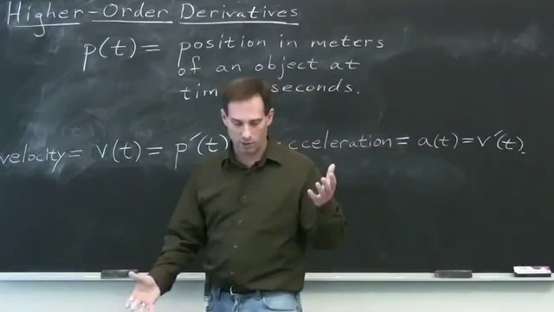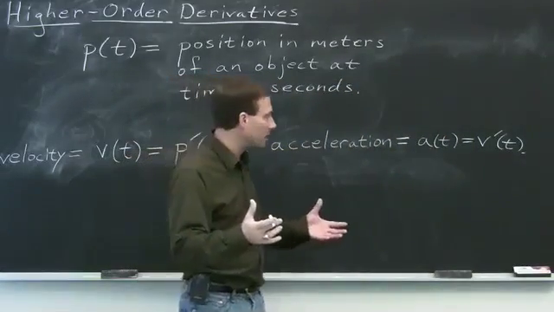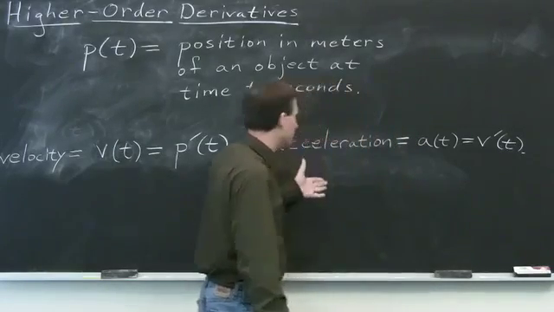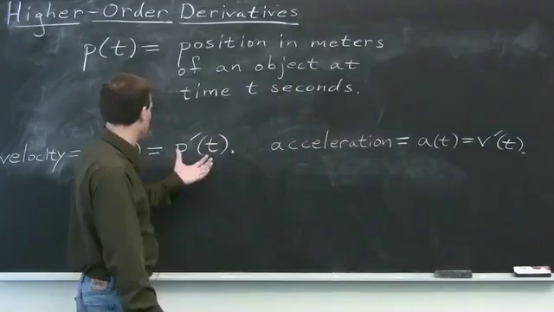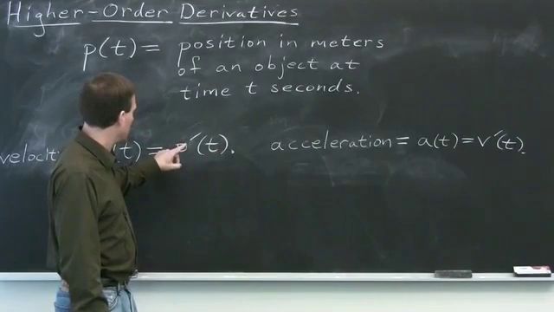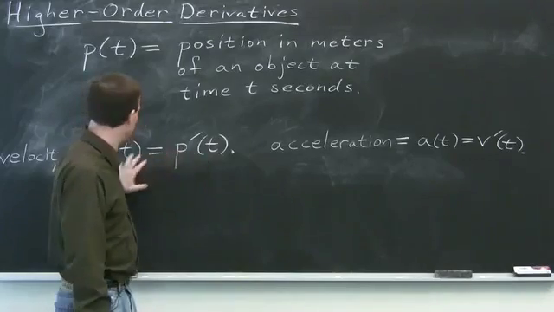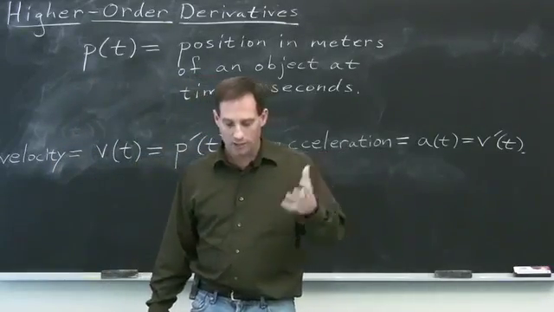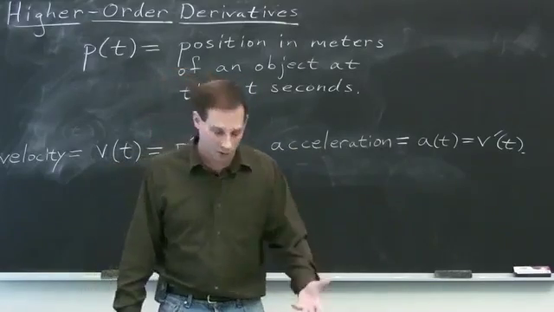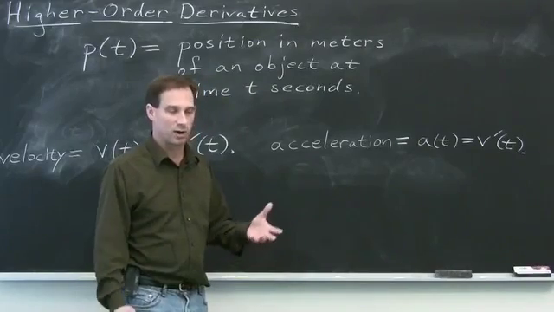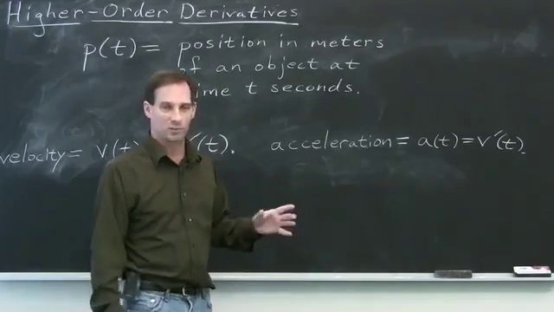Acceleration and velocity are things we experience every day, and most people have a feel for these things. If you think about this, what's acceleration? We took the derivative of the position, and that gave us the velocity, and then we took the derivative of that. So the acceleration is the derivative of the derivative of the position with respect to time.